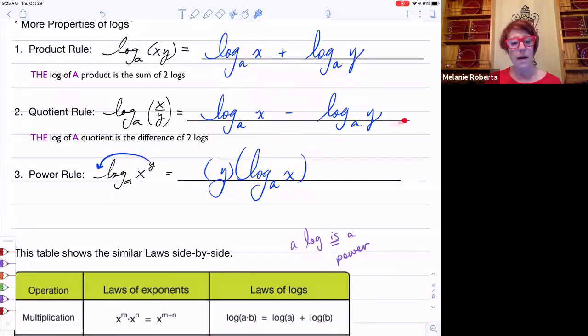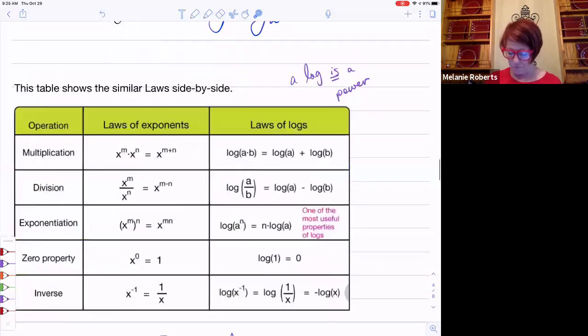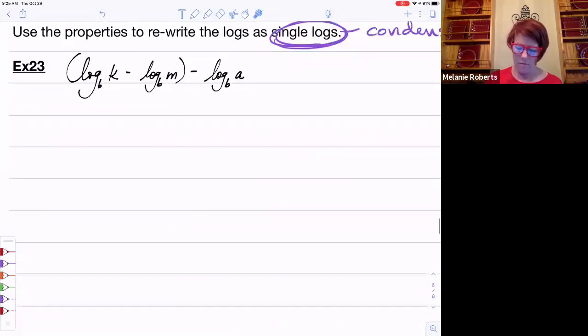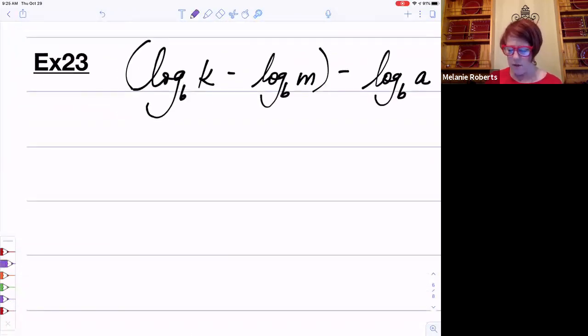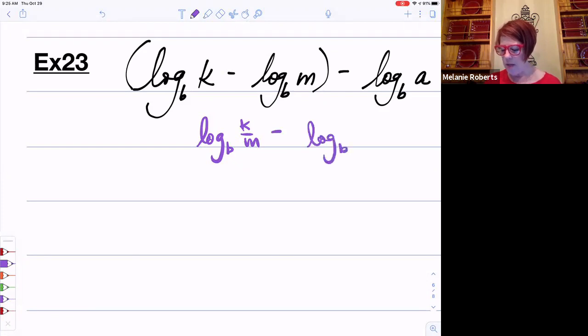It looks like the right side of the property. So what we're going to do is write down the left side of the property. So this is going to be log base B of K over M, using my quotient rule, minus log base B of A.